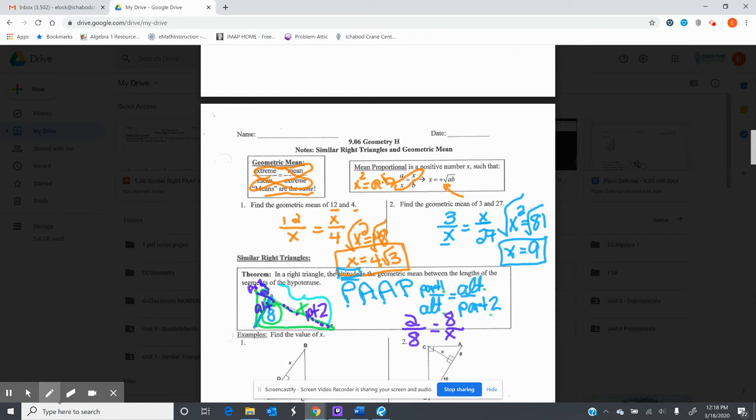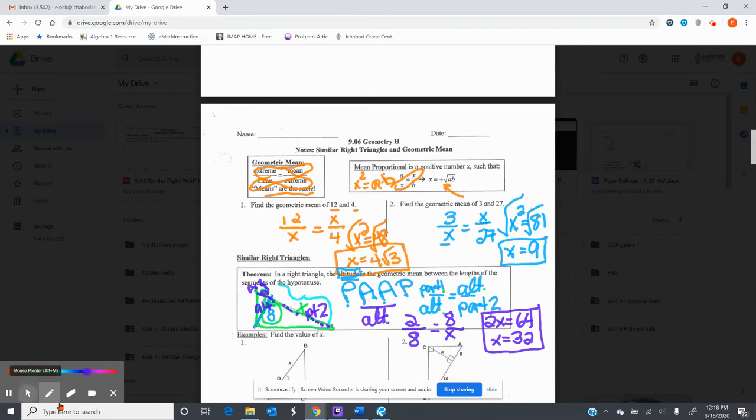So when we take the cross products, we get 8 by 8, which is 64, equals 2x. So I'm going to write 2x equals 64. Therefore, x is going to measure 32 for our first example. So the PAAP rule is used when you have the altitude.